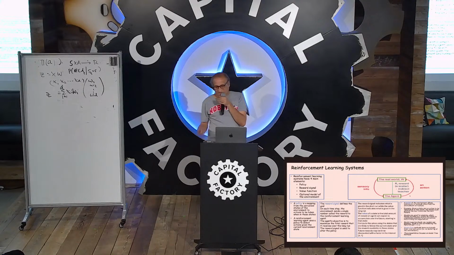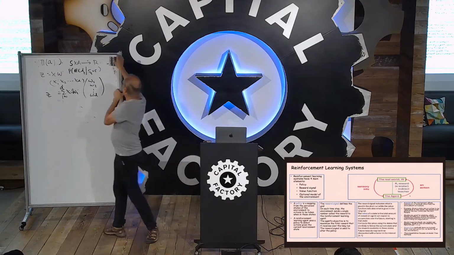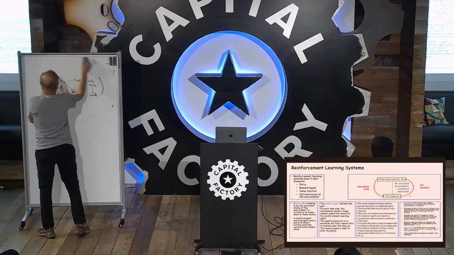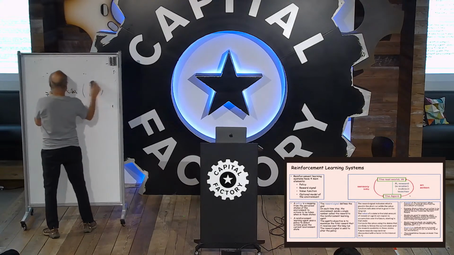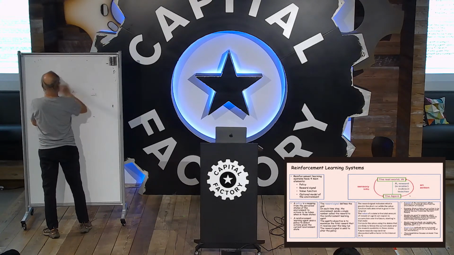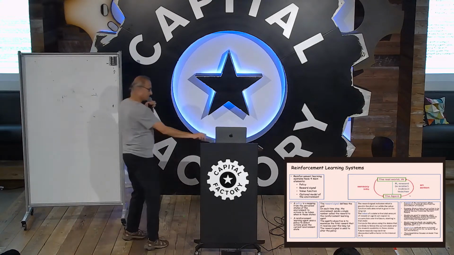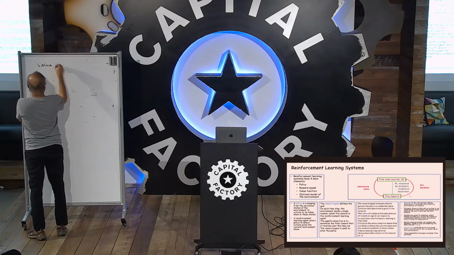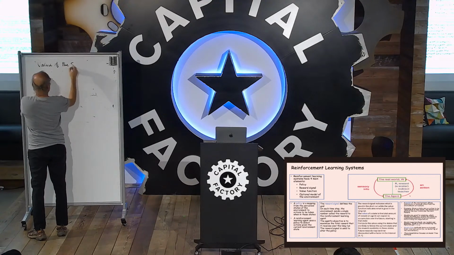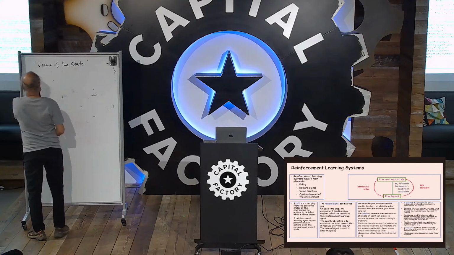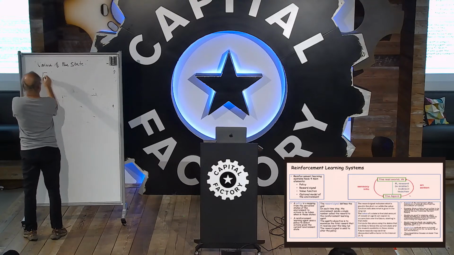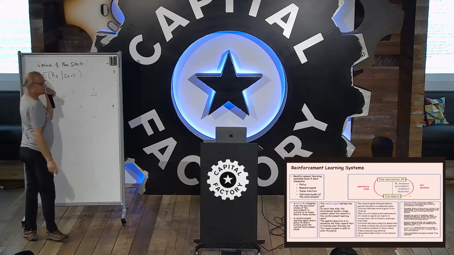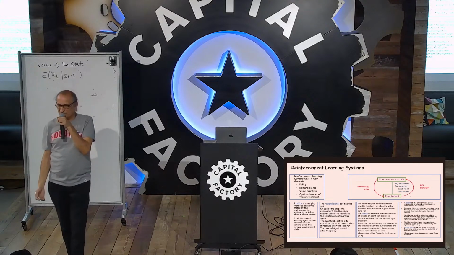So the value of a state, you can define the value of the state. What is the value of the state? That's what we want to define. The value of the state is the expected value of the reward given the state is equal to S. We all know what an expected value is, correct?